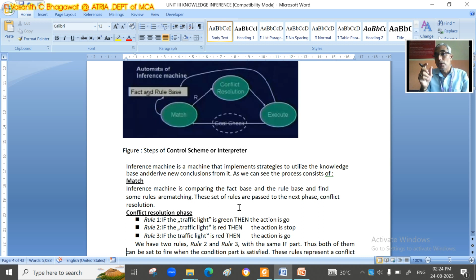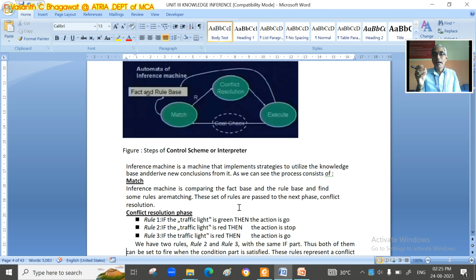Rules are if-then statements, and the if condition has to match. It is like searching for an element in an array: you store the element in a variable and check whether key equals A of i. You do a matching process there.